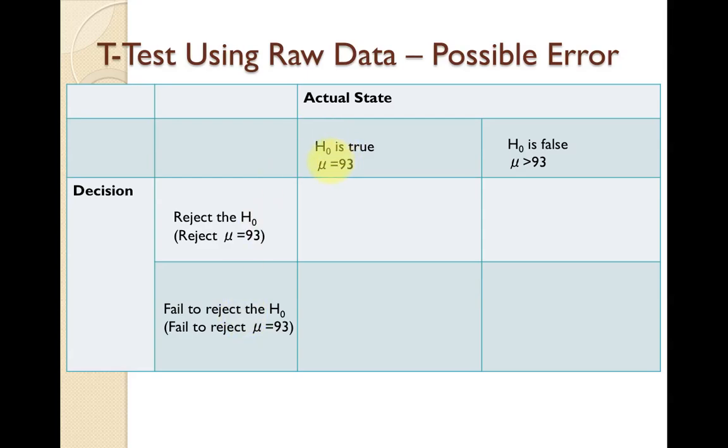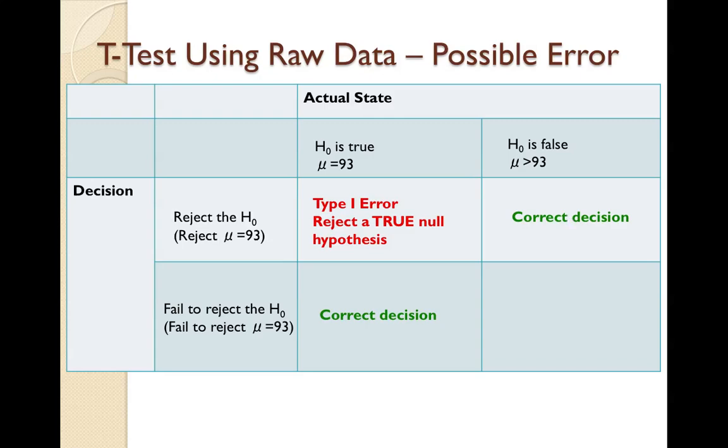Remember that if H0 is true and we fail to reject it, we've made the right decision. If H0 is false and we rejected it, we've made the right decision. Type 1 error is going to occur when we reject a true null hypothesis. It means that the mean octane rating is 93, but we rejected it.